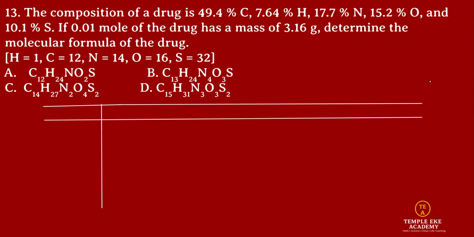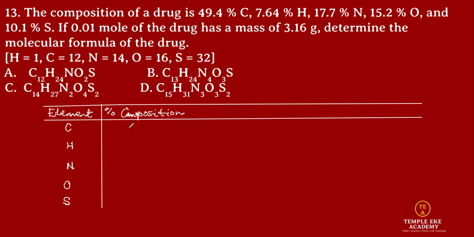All right, let's get into it. So we have the elements, and then the percentage composition. There are 5 elements in this problem, so let us list them: carbon, hydrogen, nitrogen, oxygen, and of course sulfur, in the order in which they occur.